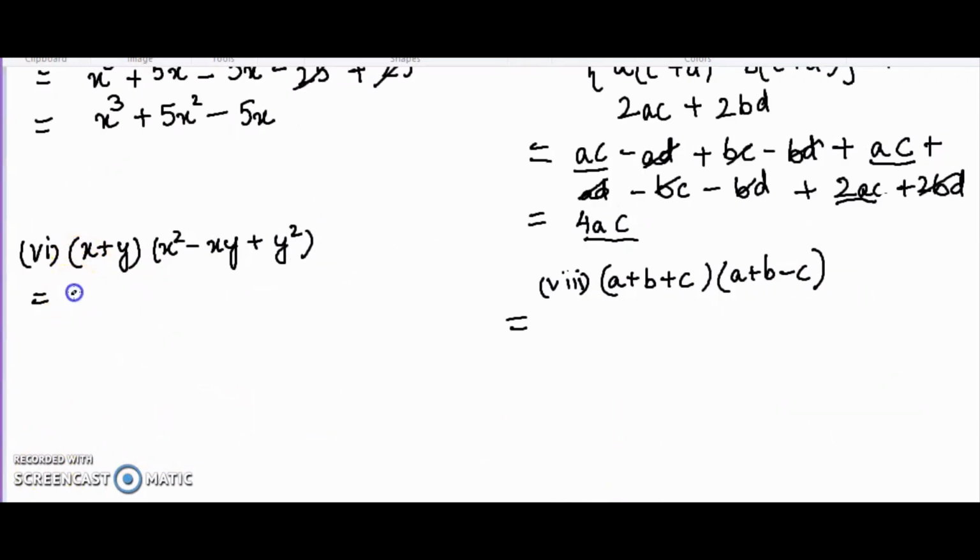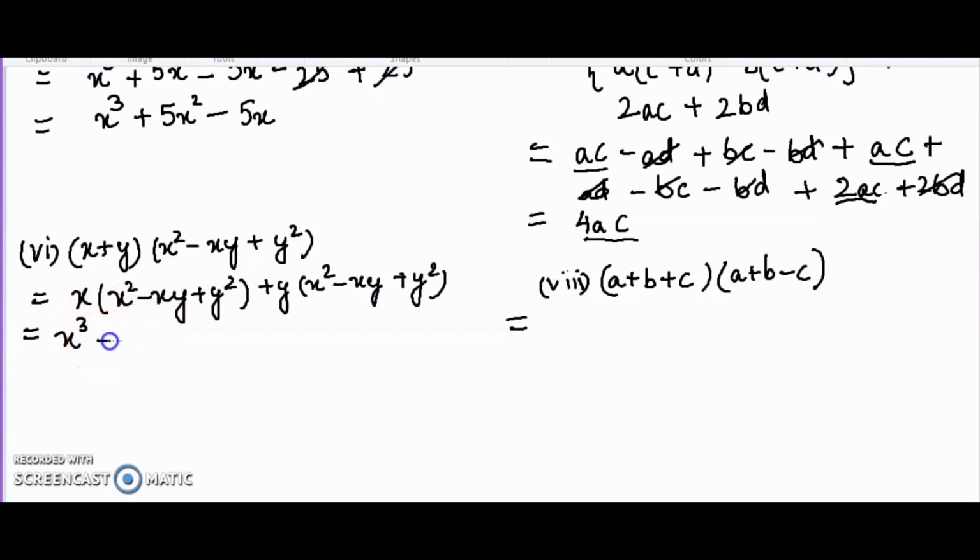So here x will be multiplied with x square minus xy plus y square plus y into x square minus xy plus y square. So x into x square will become x cube minus x square y plus xy square plus yx square minus xy square plus y cube.